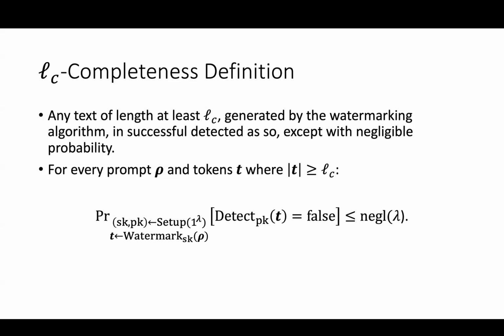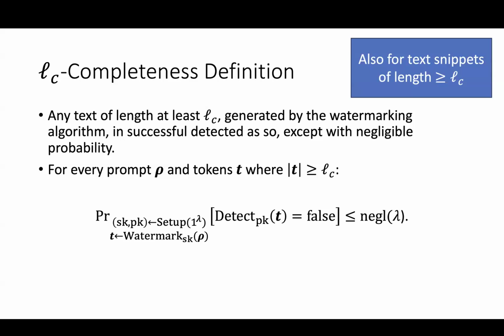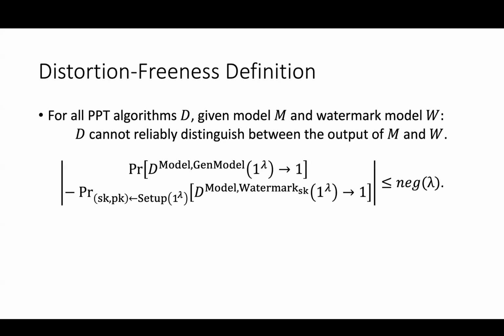I need the text to be large enough to embed a watermark, and this is coming from the fact that I have to embed a full signature there. So the text has to be reasonably long. And we could require a similar property about any snippet. If you took a long enough snippet from originally watermarked text, that should also preserve the watermark.